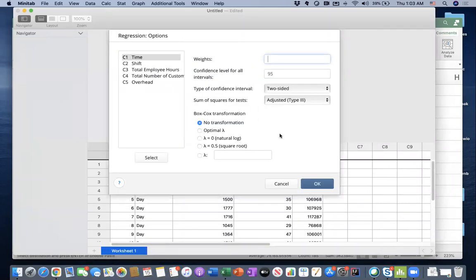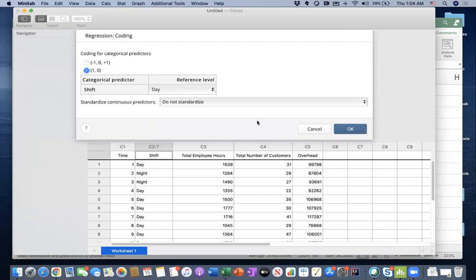If I go to options, you can select your confidence level, level of significance here. We're not going to touch those. Coding, this is important because we do have one categorical predictor. Well, Minitab already identified that. It is going to tell us that it's going to decode it as 1 or 0, and it's going to take day as a reference variable. So if shift is a day, it's going to call it 0. And if it is a night, it's going to call it 1. Okay, this is how it works.